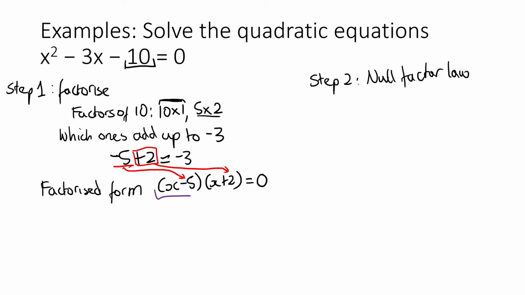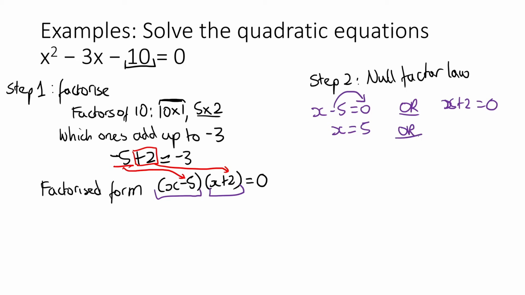So either x minus 5 is equal to 0 or x plus 2 is equal to 0. Move the numbers to the other side. x is equal to 5 or x is equal to -2. It's just the opposite.